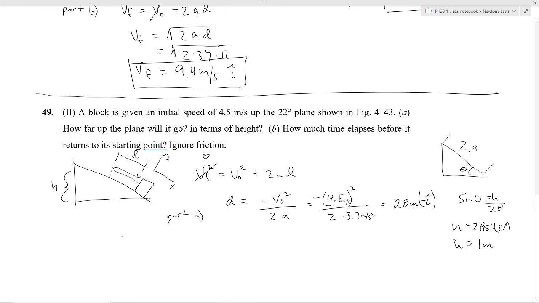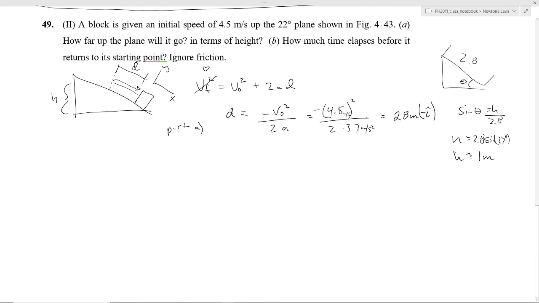And then for the second part, how much time is going to elapse for this thing to go up and then come back down to where it started? So for this, we can make use of our other kinematics expression. We can set our coordinate system such that x equals 0 at the starting point.